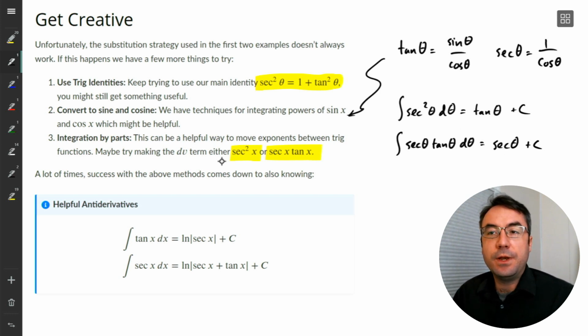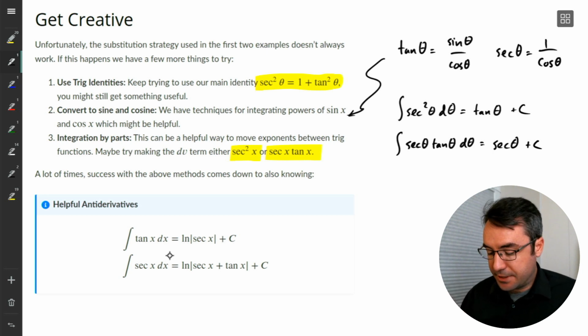Secant squared is one of our elementary integrals, and secant times tan is also one of our elementary integrals.